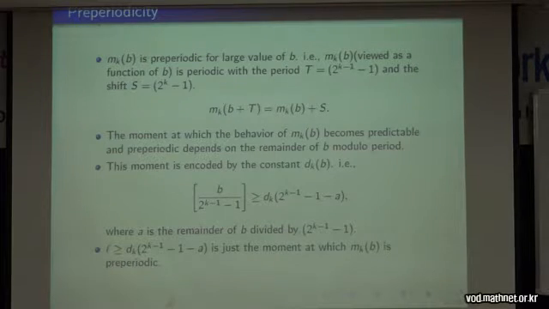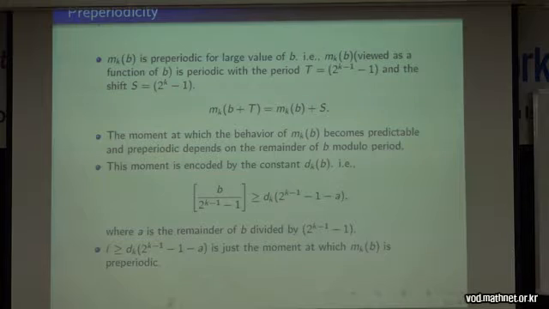m_k(B), the optimal solution of the primal problem, is pre-periodic for large values of B. Pre-periodic means that if some function f is pre-periodic, it is periodic with period t and shift s.